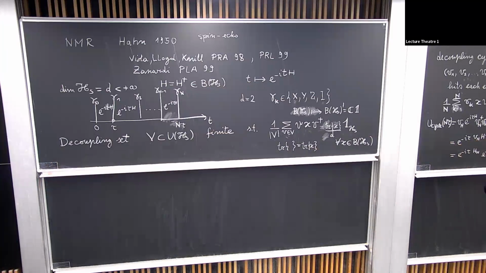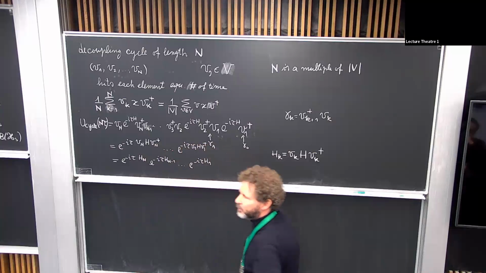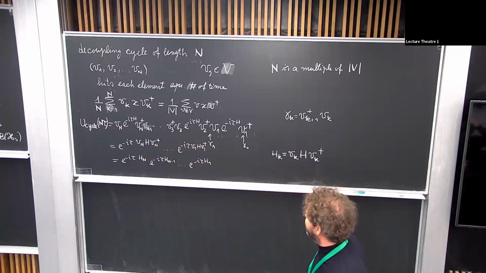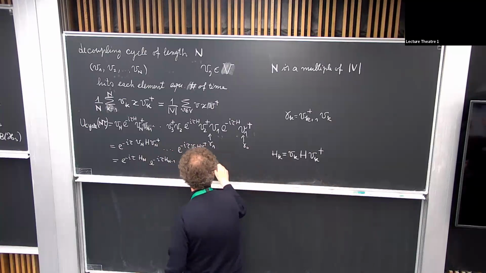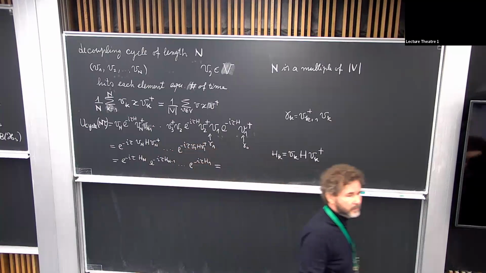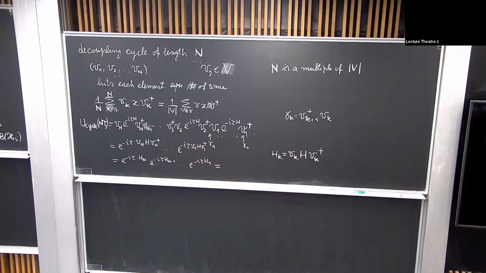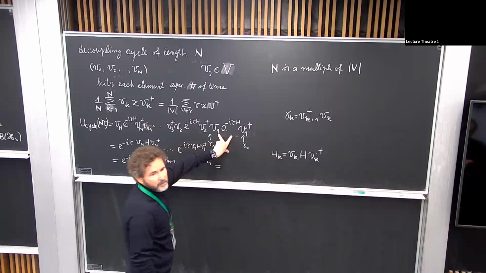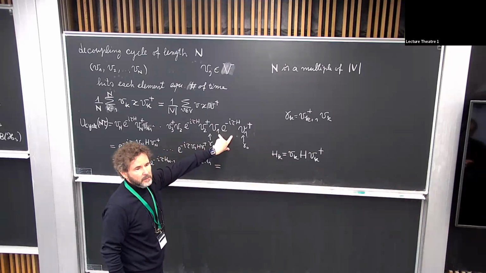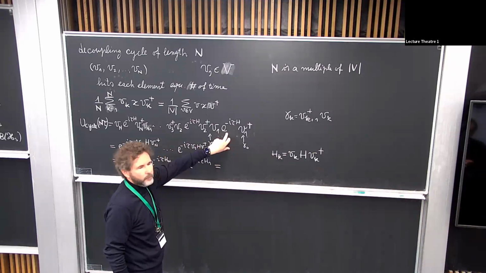And okay, just let me introduce a shorthand notation for this. Is this a first order approximation or is this exact? This is exact. You see, I'm just taking the unitary rotation transformation of this exponential.